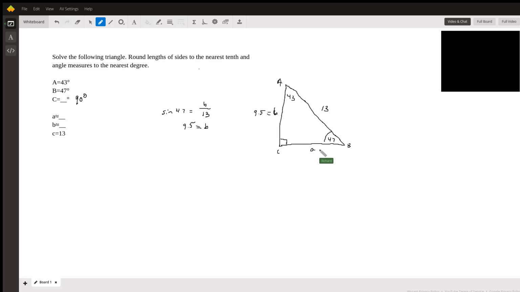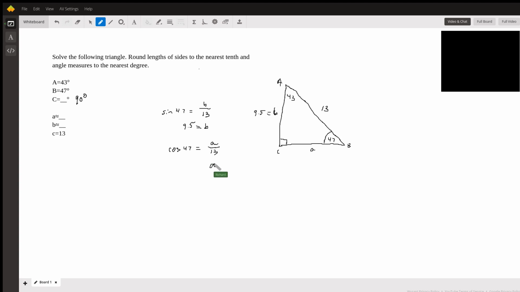Okay, to get little a down here, we could use Pythagorean theorem. A squared plus 9.5 squared equals 13 squared. Or we can just continue to use SOHCAHTOA. So I'll just do that. I just think it's easier. And we'll go the cosine of 47 is little a over 13.